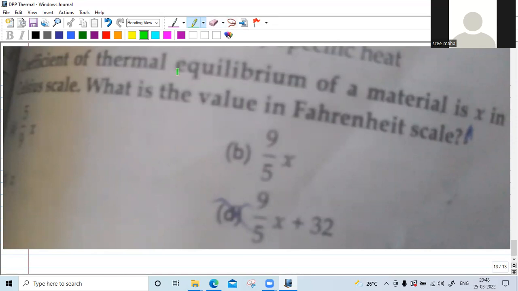Actually, again, the question is not... This should be thermal conductivity. So you have to go to the basics then. Thermal conductivity.